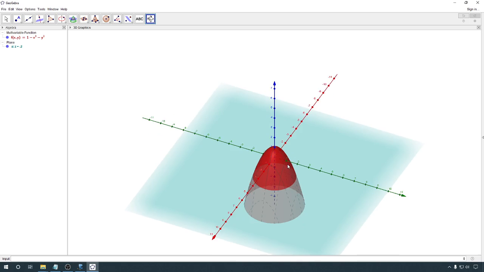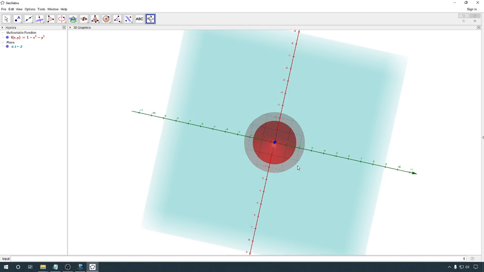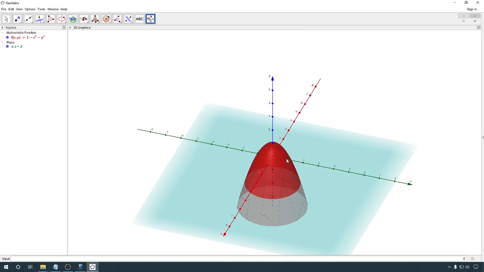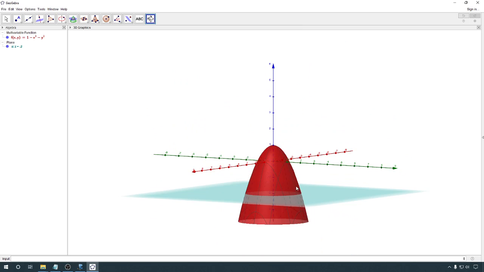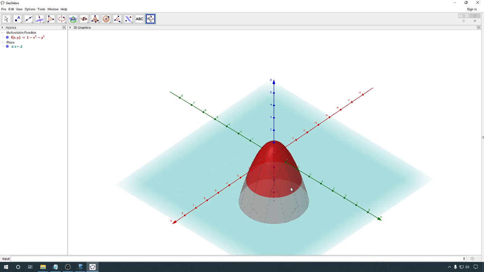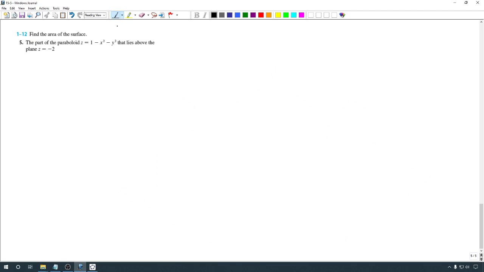Of course, one of our first questions is what exactly is the domain of integration? If we look at it from above, we can see that it's supposed to be a disk, but we're going to have to figure out exactly what this boundary is. Really that just means, what does the intersection look like? If we let z equal -2 in this formula, we have -2 equals 1 minus x squared minus y squared.